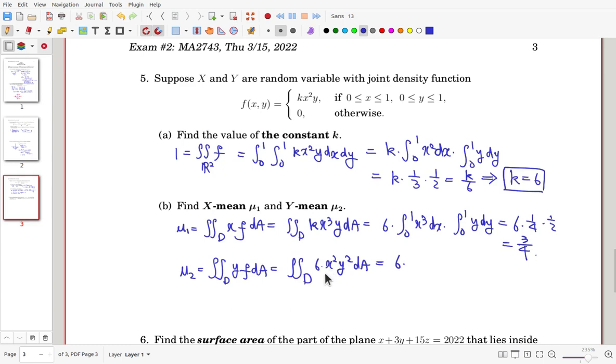From x squared integration we have 1/3, and from y squared again we have 1/3. So that is 2 over 30, right? No. Okay, yeah, 2 over 3. So mu2 is 2 over 3, and mu1 is 3 over 4. That's the answer.